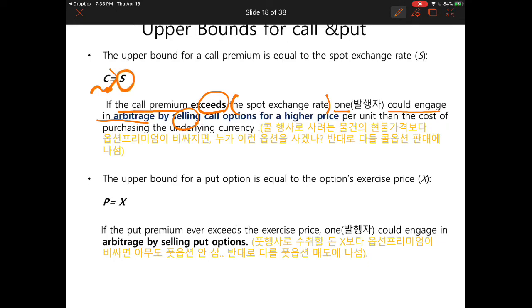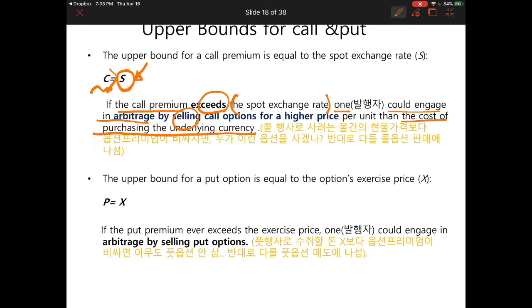Exercising a call option involves a cost: the purchase of the underlying asset, which is the pound here.